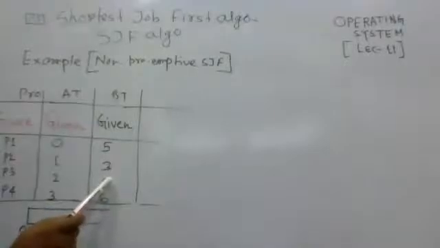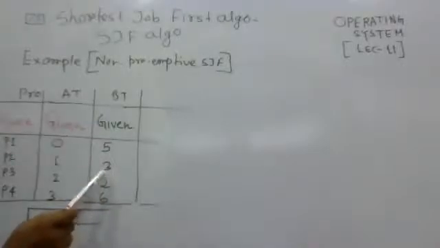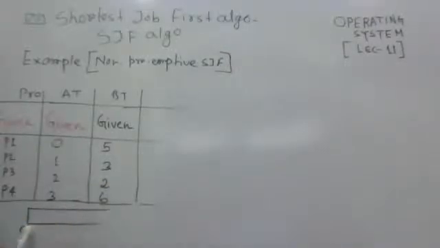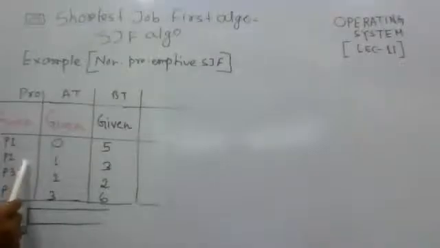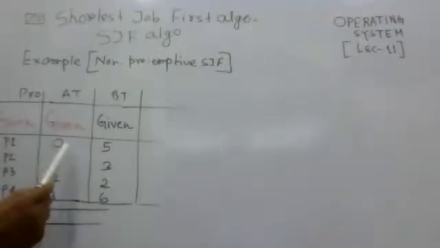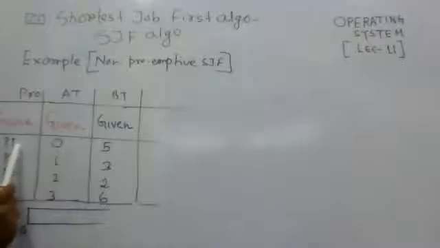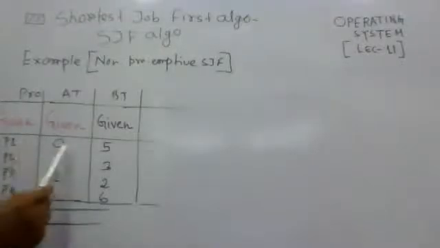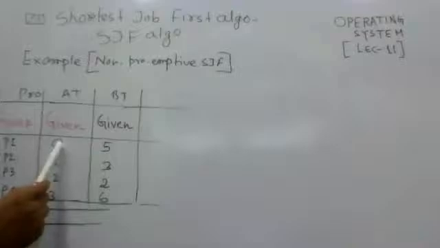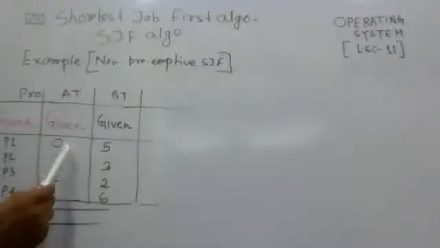But at the same time, we have to check the arrival time also. When the time is 0, in the ready queue we have only one process, that is P1, because the arrival time of P1 is 0.